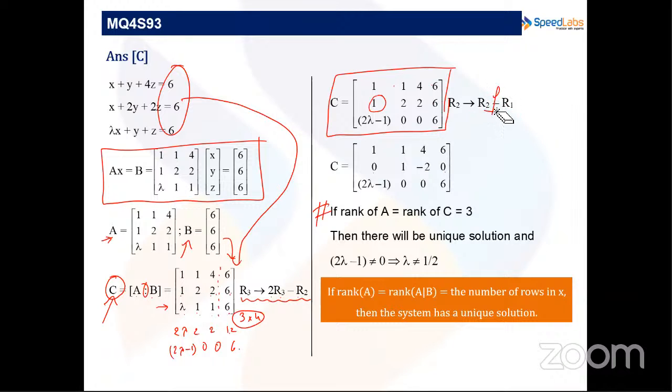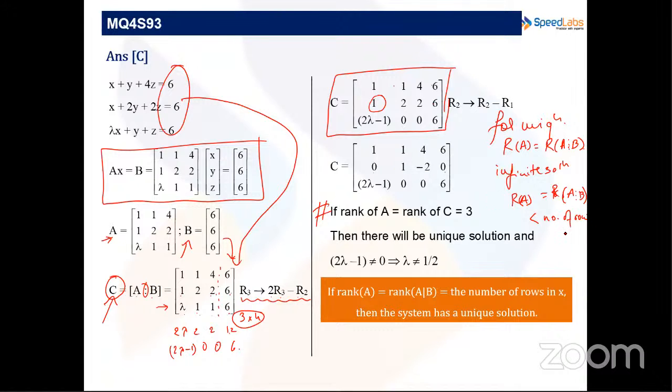Now, for a unique solution, rank of A should be equal to rank of AB. And for infinite solutions, rank of A should be equal to rank of AB, but this rank should be less than the number of rows.